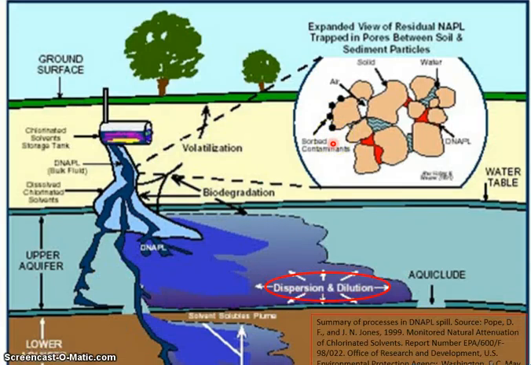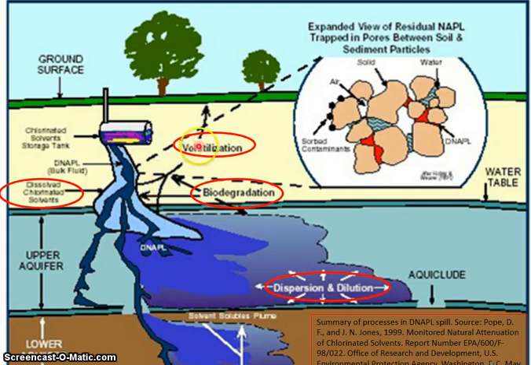Next, this is another representation of how far the contaminants can travel and what their activity involves. They can change their state. At first, it is a chlorinated solvent, and the storage tank spills the contaminant, so it can dissolve into the soil.